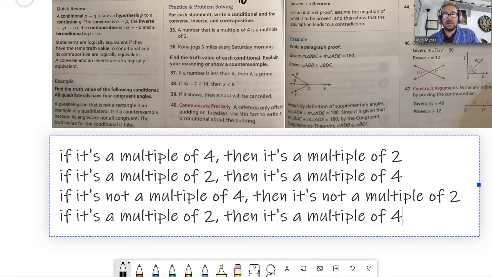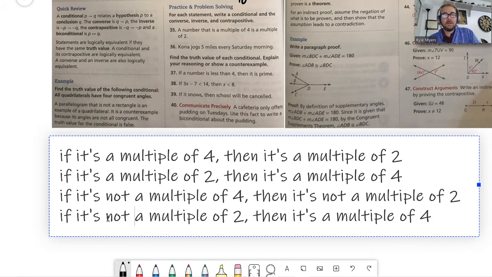So all I need to do is say if it's not a multiple of 2, then it's a multiple of 4 not. There you go. Just for fun. Put the not right there. Okay, so if it's not a multiple of 2, then it's a multiple of 4 not. Okay? That is the converse.